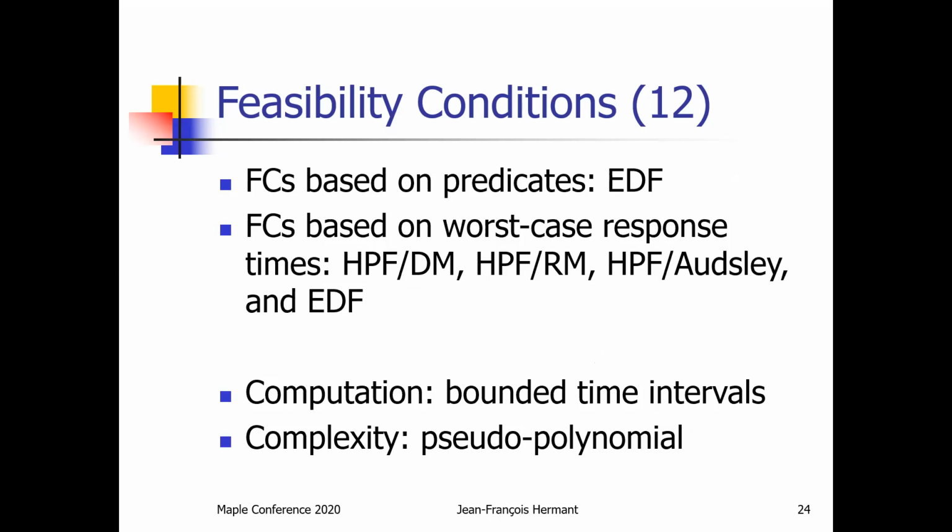FCs are based on predicates or on worst-case response times for EDF. They are based on worst-case response time for HPF DM, HPF RM, and HPF Huxley. Computations are done over bounded time intervals, and complexity is pseudo-polynomial.